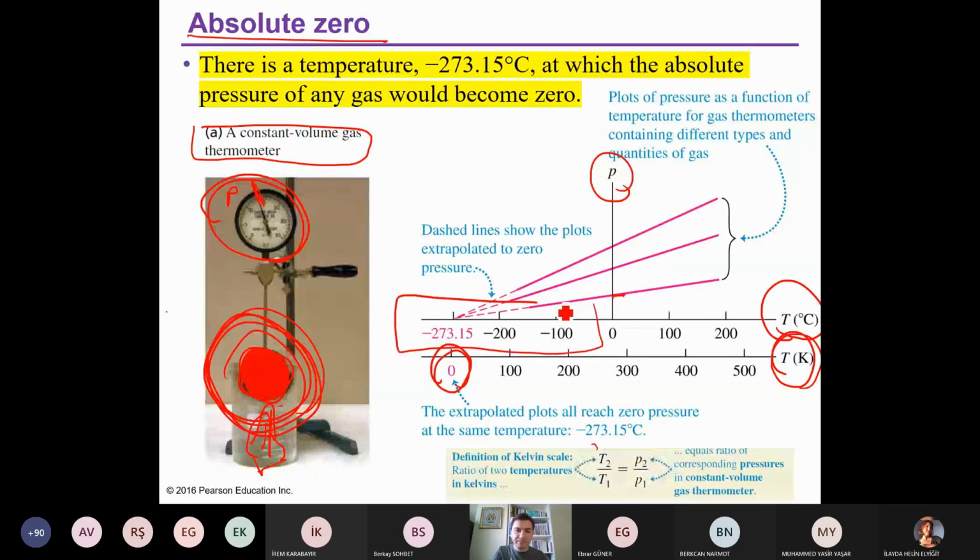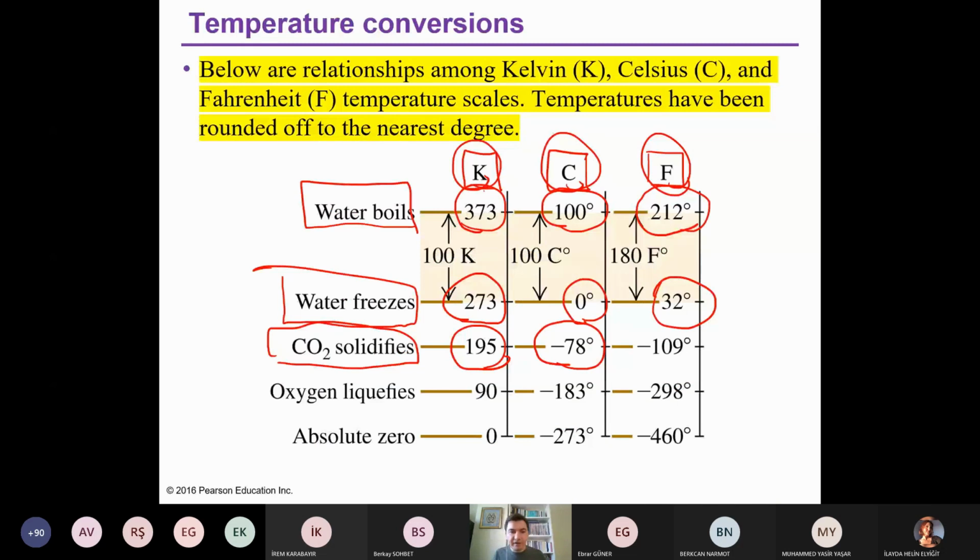Don't forget this one. And absolute 0 is this one. Absolute 0 is minus 273 degrees. What was the meaning of absolute 0? Gases have no pressure, 0 pressure at this temperature, and this is 0 Kelvin. And it is minus 460 degrees Fahrenheit.